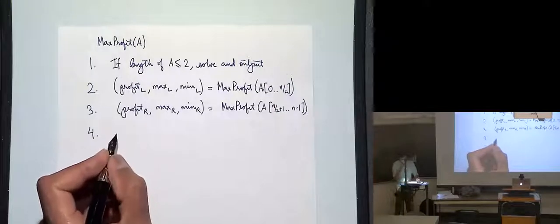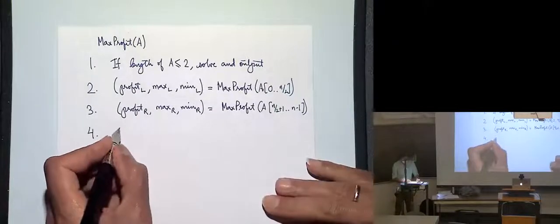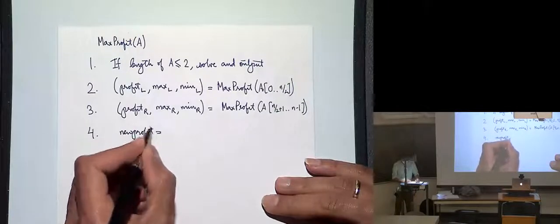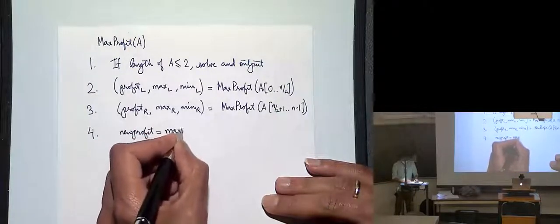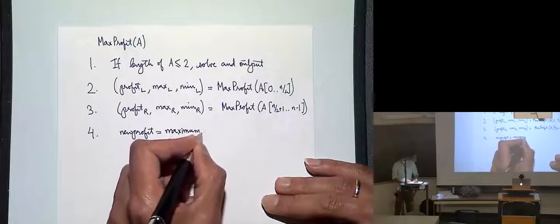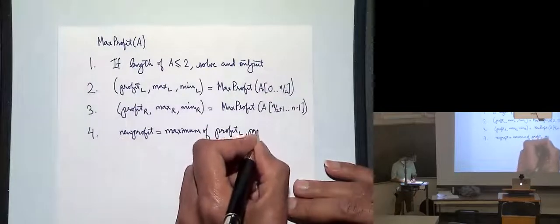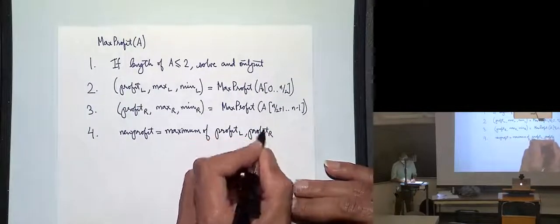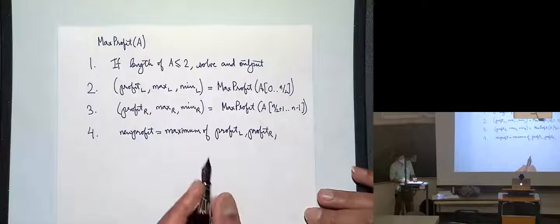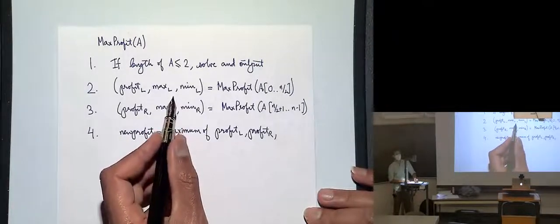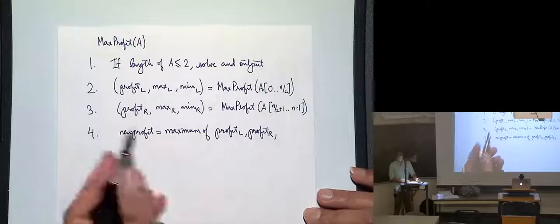Now, we'll say that the new profit is equal to the maximum of the profit from the left, the profit from the right, and the max in the right and the min in the left, because you already have those values available to you.